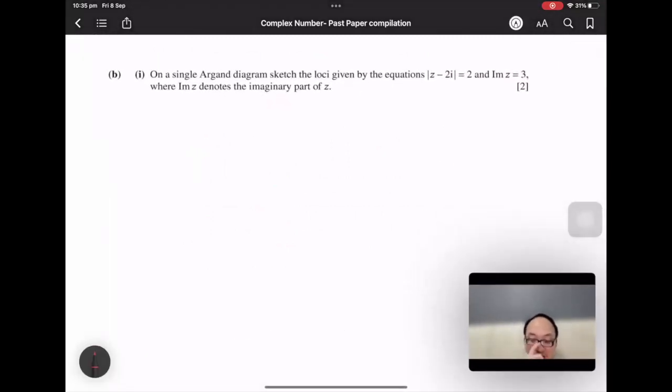On a single Argand diagram, sketch the loci given by the equation. This is a circle, center 0 plus 2i, and this is the modulus of z minus 0. So I can draw the circle, z minus 2i, so 0, 1, 2, 3, 4.